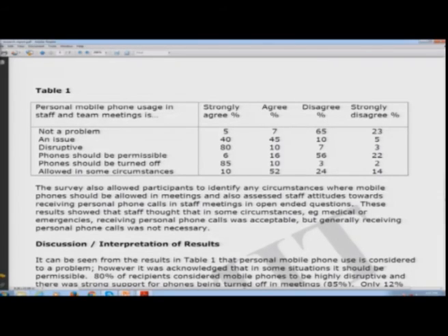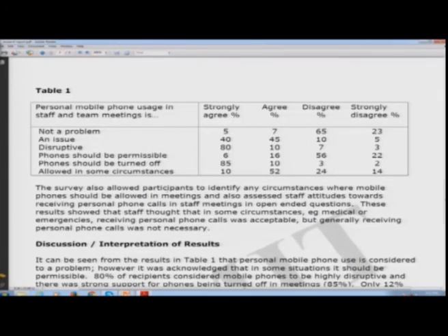So, not a problem, 5% said strongly agree, 7% agree, 65% disagreed, strongly disagreed 23%. So, the other points you can also see the responses.